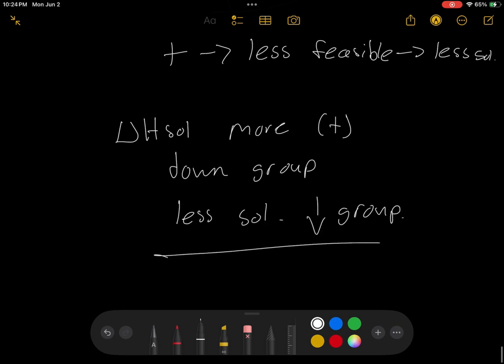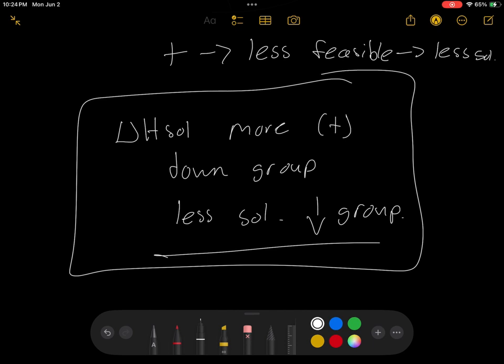There are some exceptions to this trend in terms of the type of anion used, but fully understanding and predicting those trends with different anions is a bit beyond the scope of this content. You just really need to know this general trend.